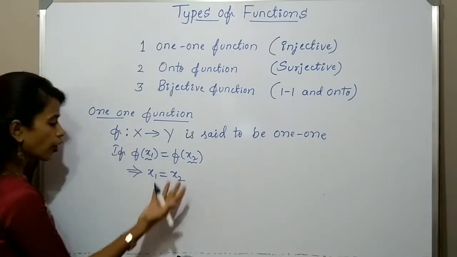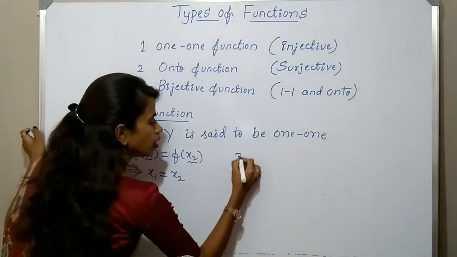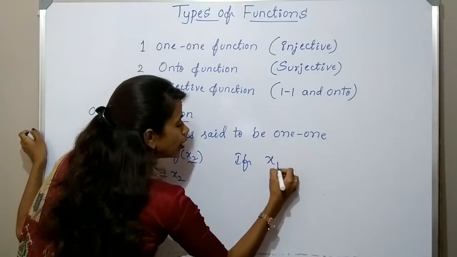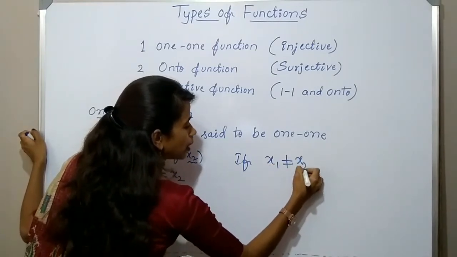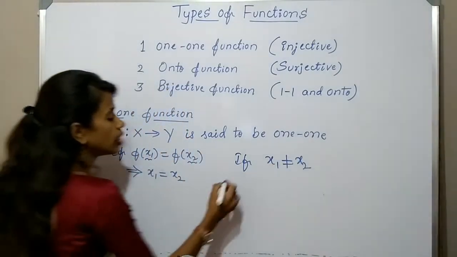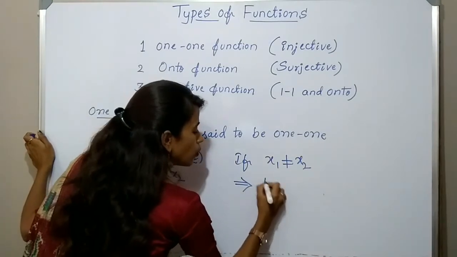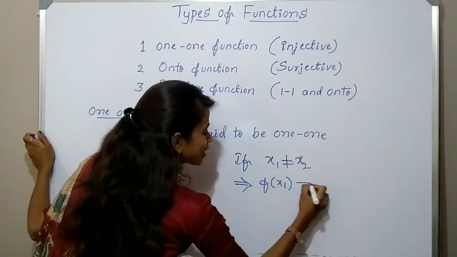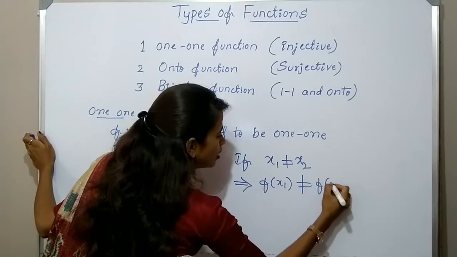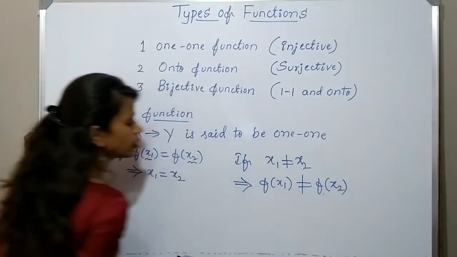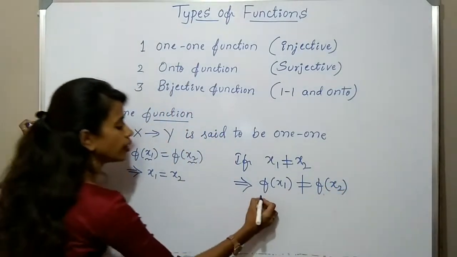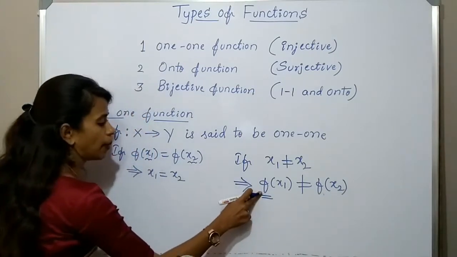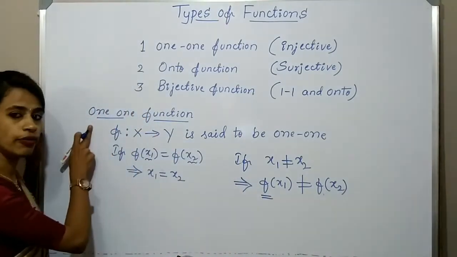Or you can say, if the elements are distinct, that is not equal, this implies their images are also distinct, that is f of x1 is not equal to f of x2, then we say that the mapping f is a one-one function.